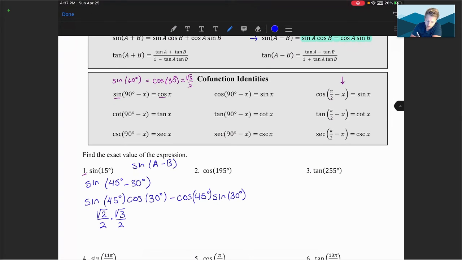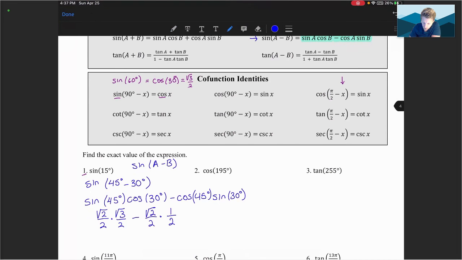And then we're going to subtract. The cosine of 45 is also square root 2 over 2. And then the sine of 30, we can rewrite as 1/2. That's the side ratio for sine of 30.